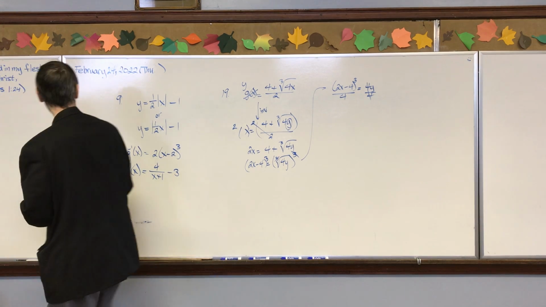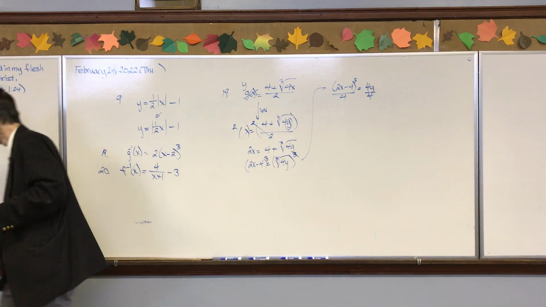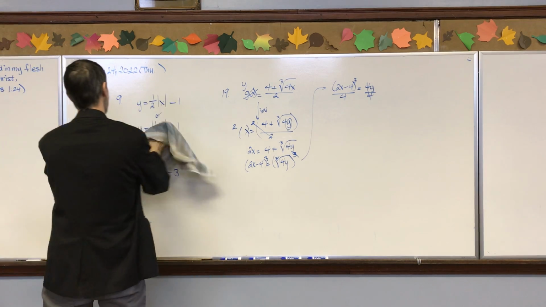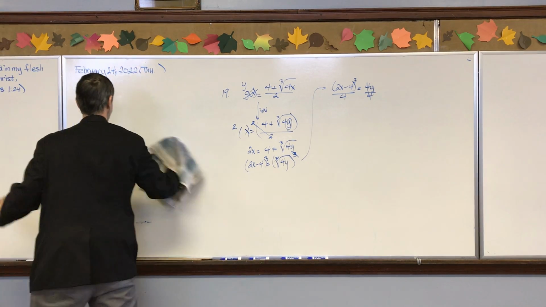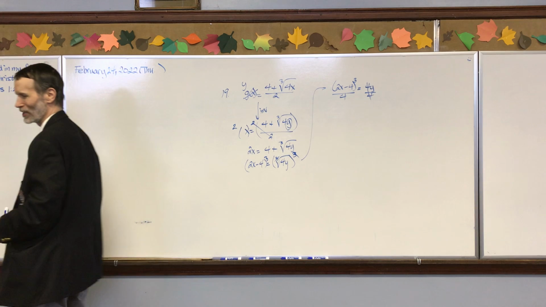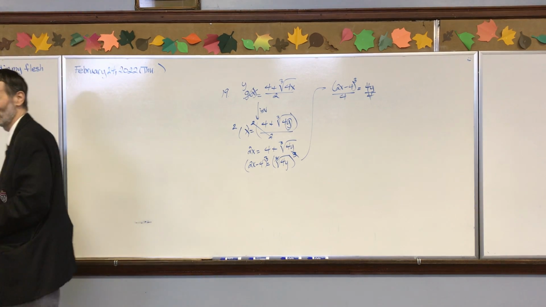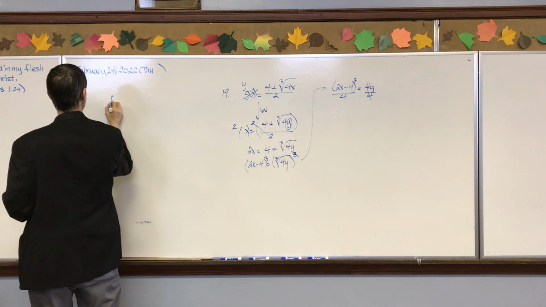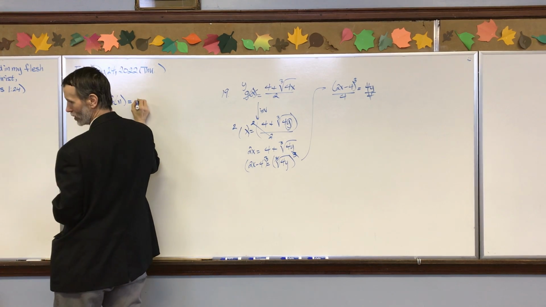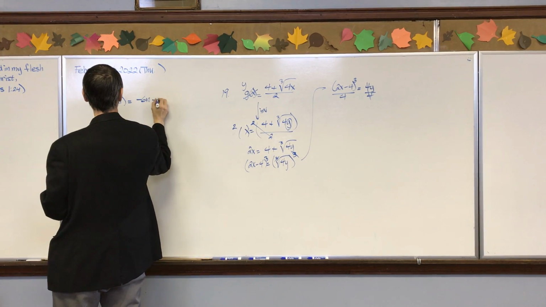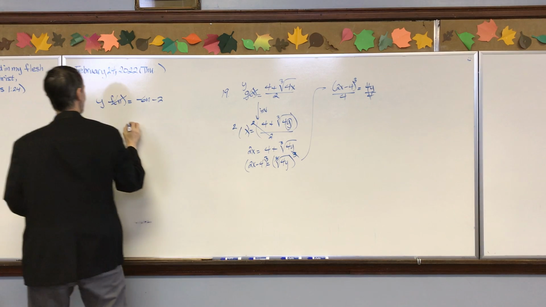Let me just write these down. 25. I will try and make sure that they use x instead of n in there. Just pretend that's x. So f of n is equal to negative 6n minus 2. We're going to pretend this is y.